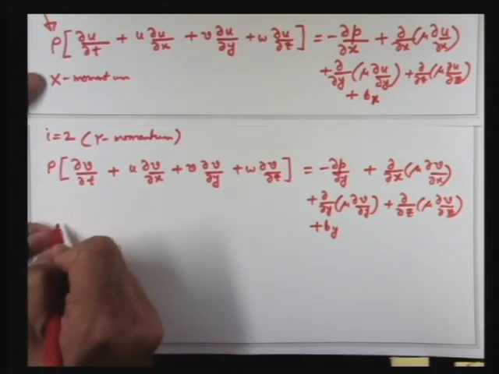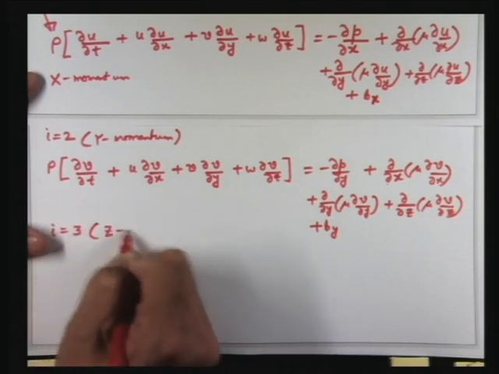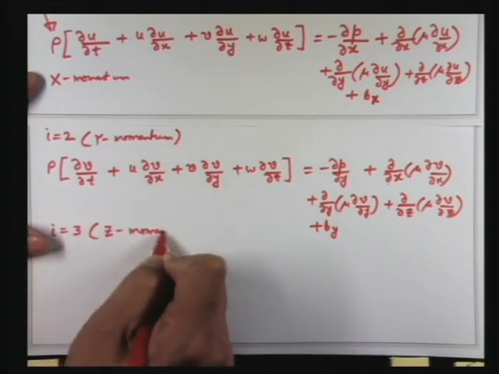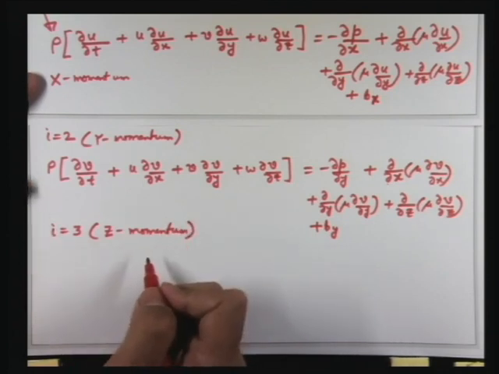And finally, i equal to 3, z momentum. Similar thing as the previous with v replaced by w.